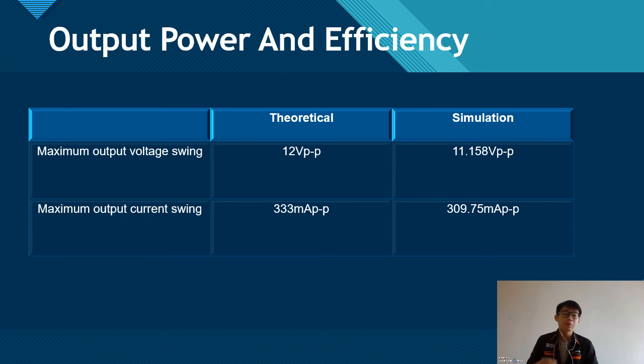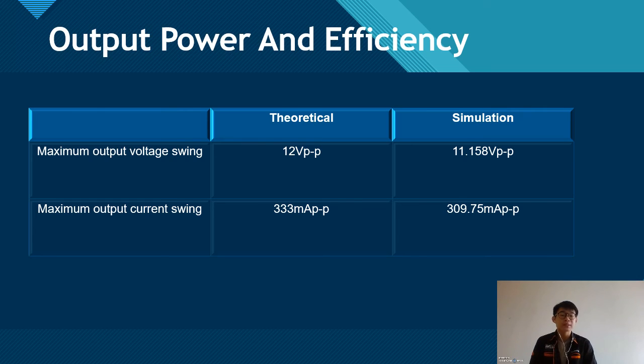Now for input and output power, the P in and P out we obtain through theoretical calculation are 2 watt and 0.15 watt, while for simulation the P in is 1.956 watt and P out is 0.43 watt.